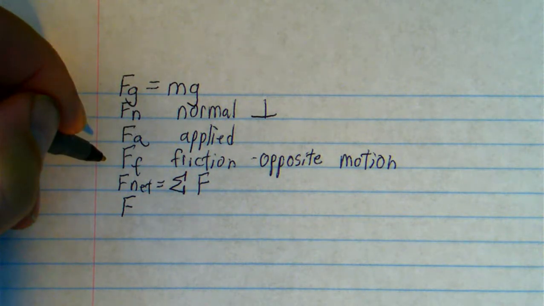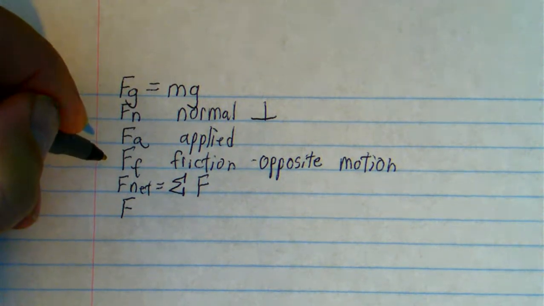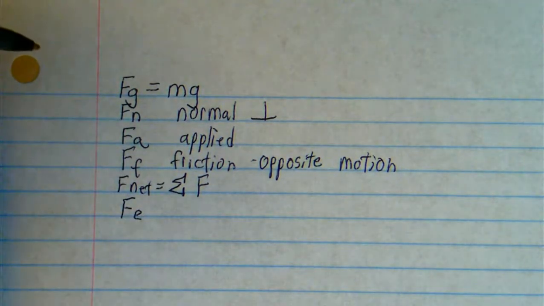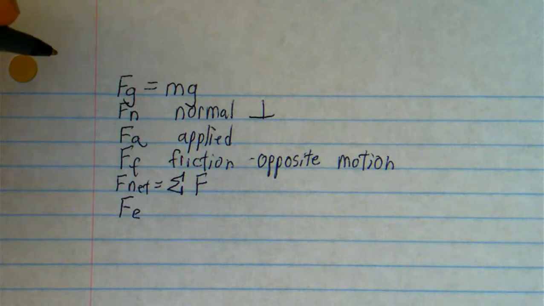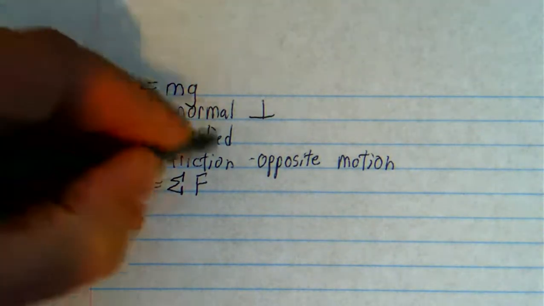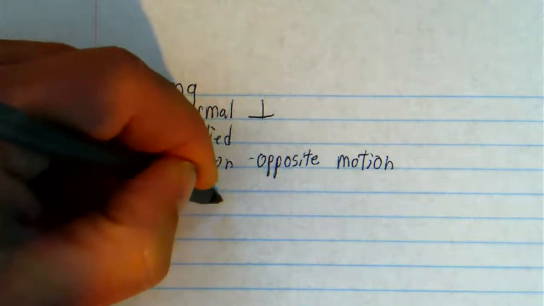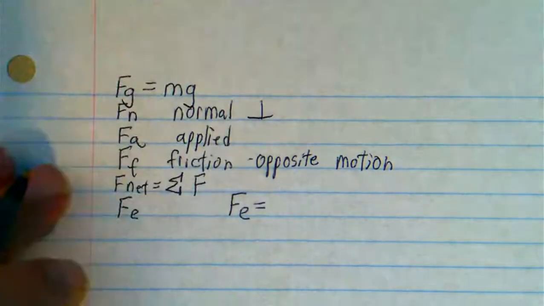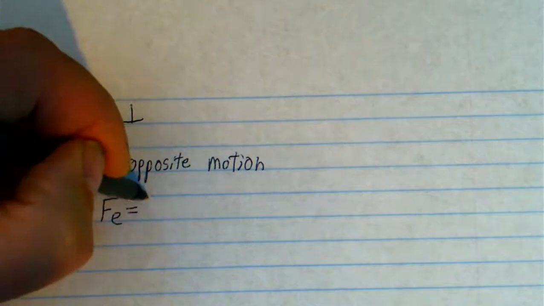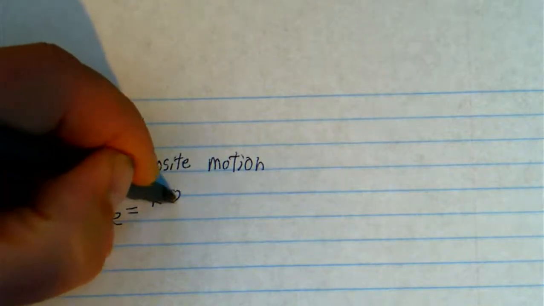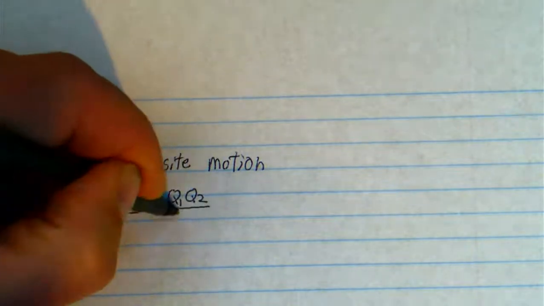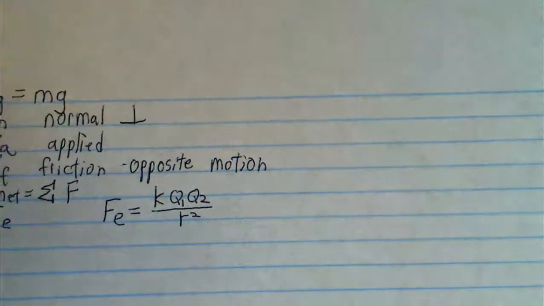Sometimes they do it with C for Coulombic force. I'll go with an E. There is an equation for calculating it. Oh my goodness. The force of electrical attraction between any 2 objects is K Q1 Q2 divided by R squared.